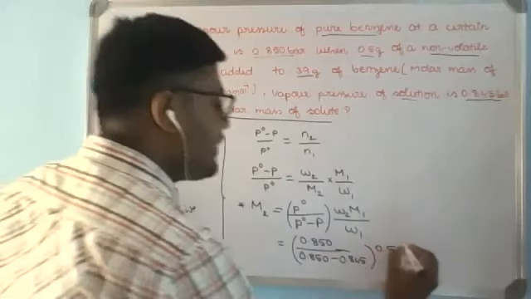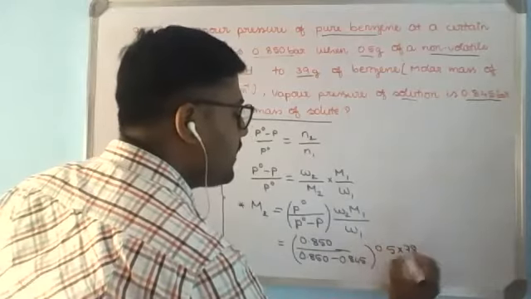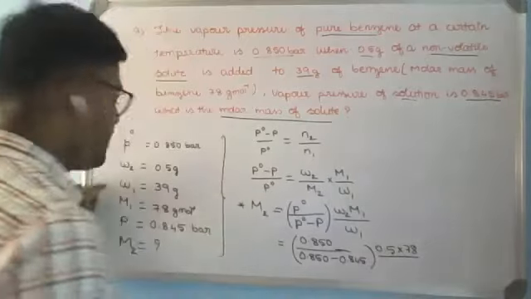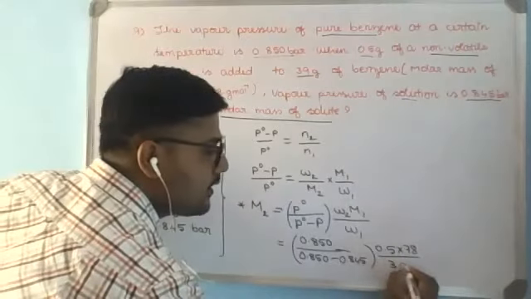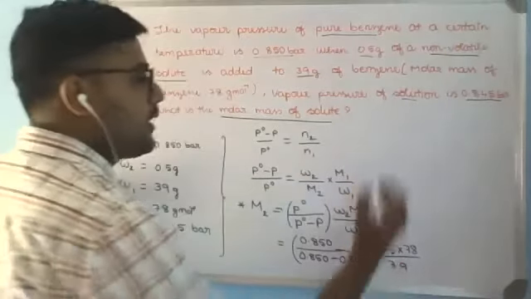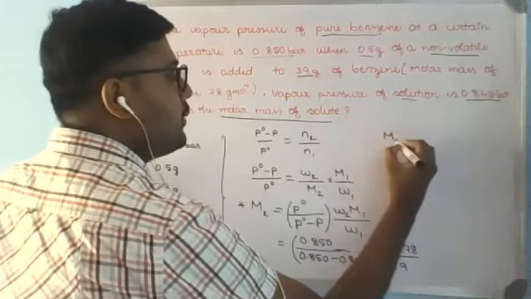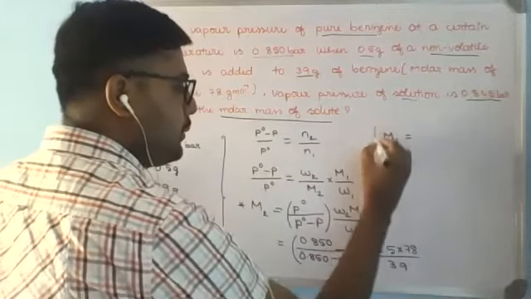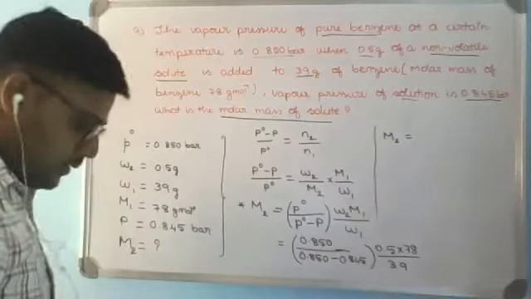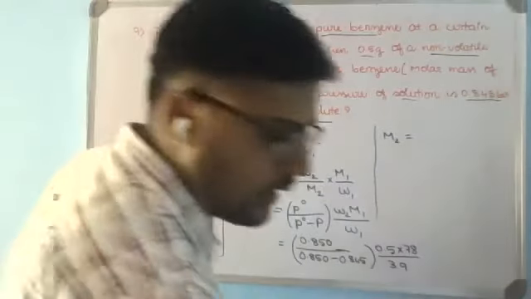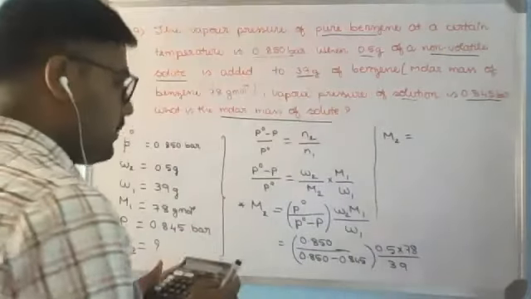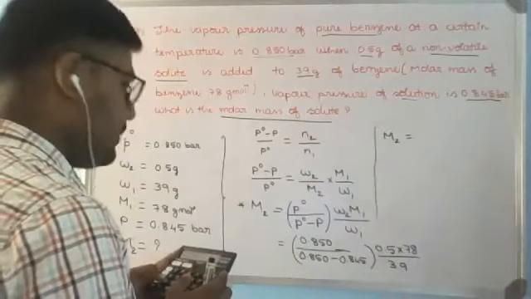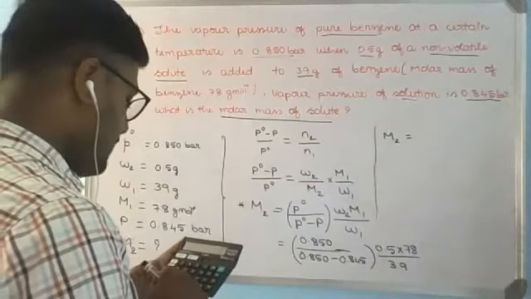M1 is 78. W1 is 39. So we can simplify this. Now M2 will be equal to, so use only a simple calculator to avoid mistakes. So we'll observe the simplification now.